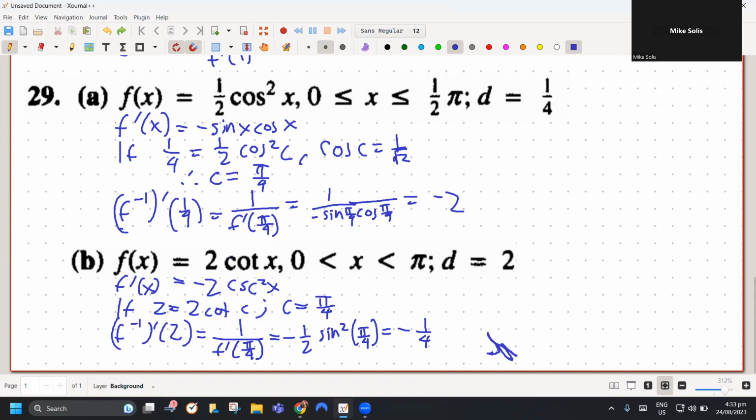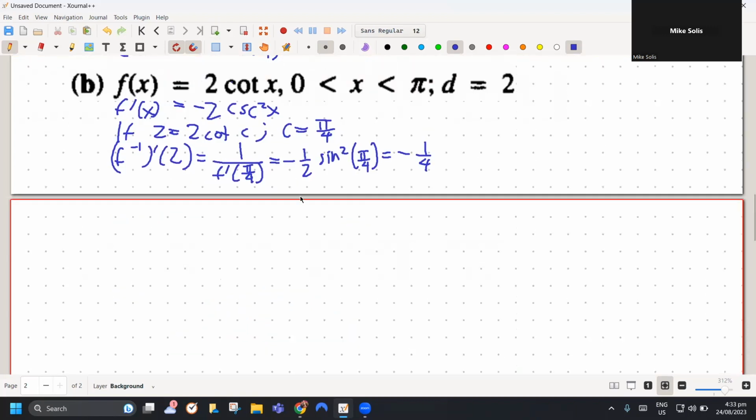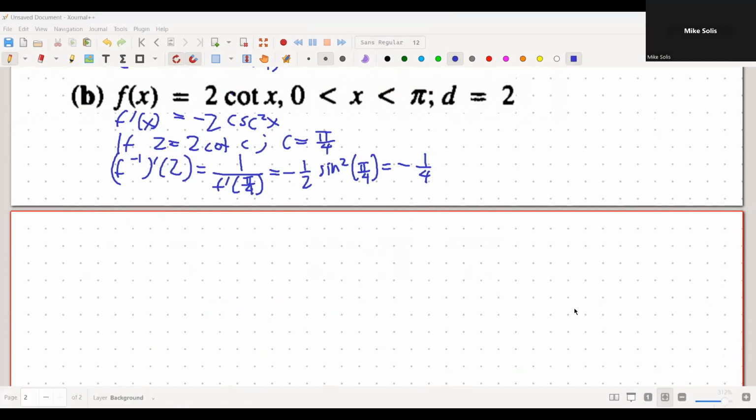Teka. So 2 cotangent 2 is equal to 2 cotangent C. So C is pi over 4. Tapos, ang derivative, so f prime of x is... teka, sorry, i-work out ko lang yung ano.